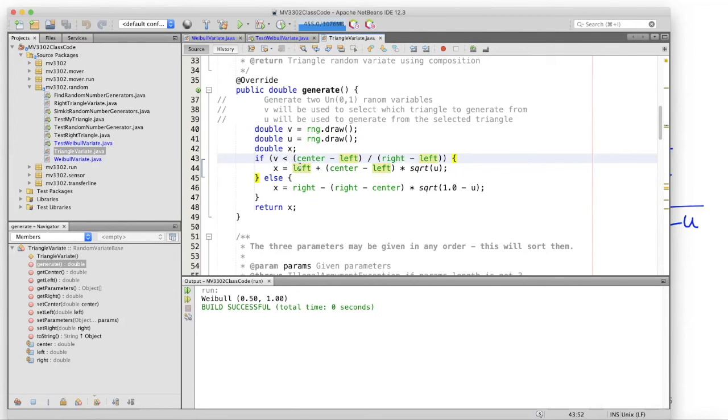And this is A plus C minus A times the square root of U. Else, if it's not less than this quantity, we take the right minus the center times the square root of 1 minus U.